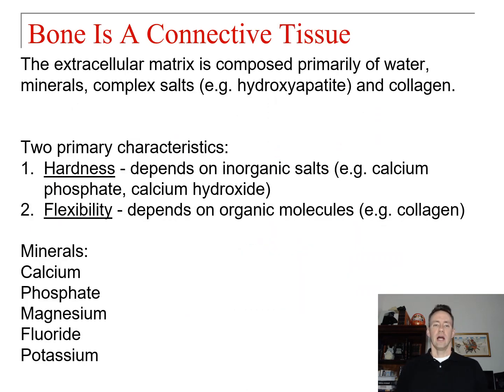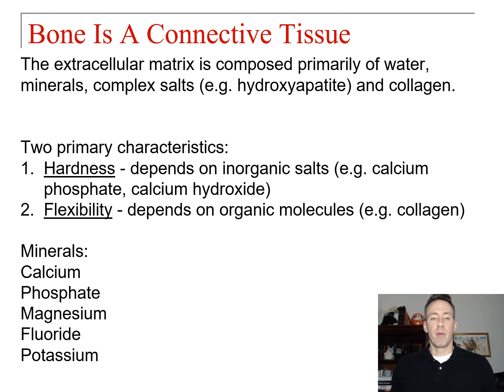There's actually an equilibrium that we're going to talk about between bone buildup and bone breakdown. It's important to understand that bone is not inert, but in fact is very dynamic, and under normal circumstances is in an equilibrium between bone breakdown and bone buildup, or bone resorption and bone building.